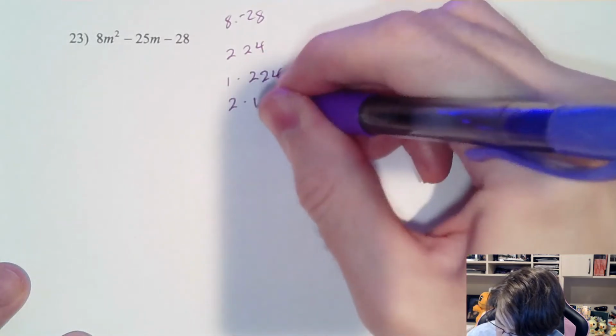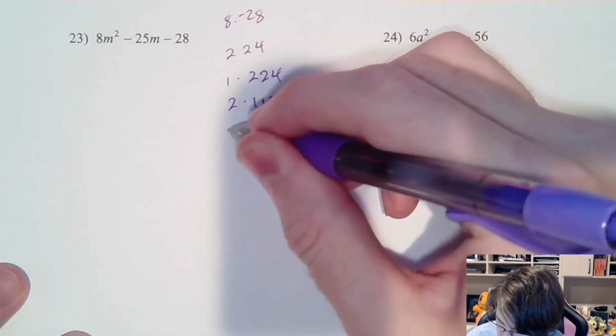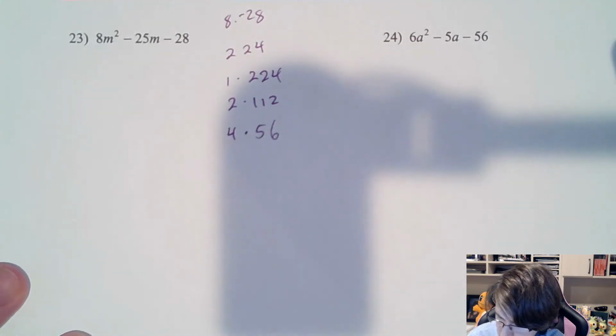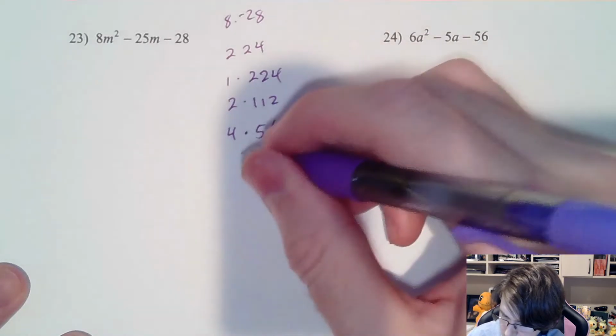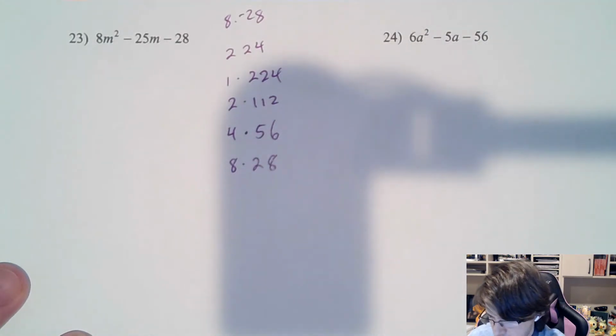2 times 112, does 3 work? 3 does not work. Does 4 work? 4 100% works. 4 times 56, 5 no, 6 no, so 8 does work. We already know 8 times 28, 9 no, 10 no, 11 no, 12.